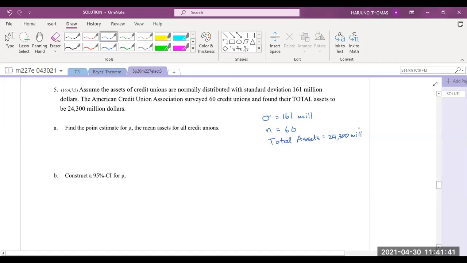That's $24.3 billion. Find the point estimate of mu, the mean assets for all credit unions. So the best point estimate is the sample mean, which is 24,300 million over 60.